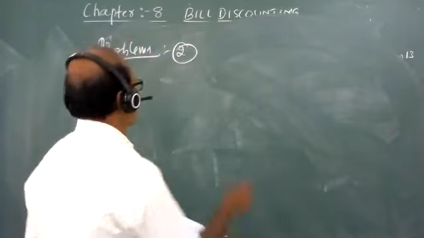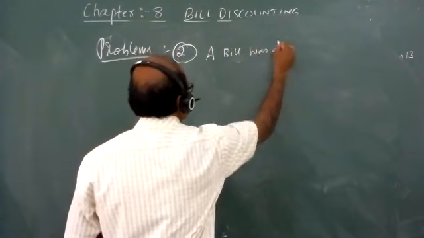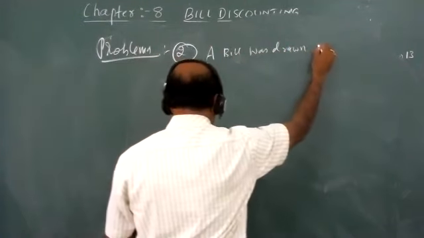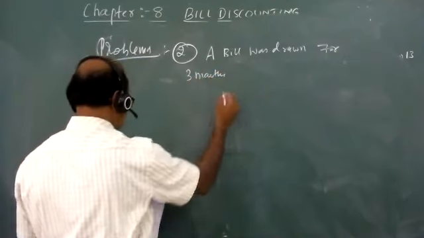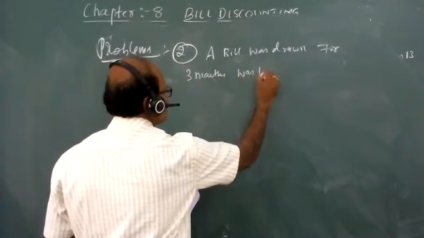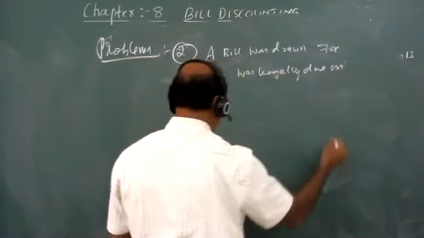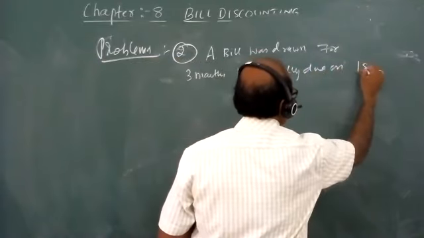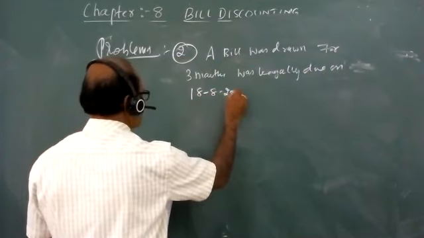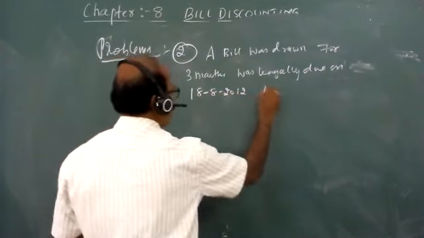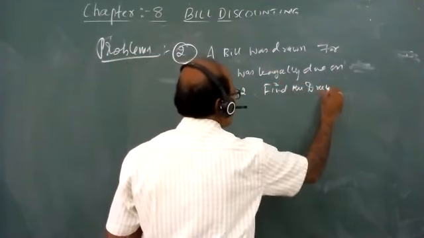A bill was drawn for 3 months, legally due on 18 8 2012. Find the draw date.